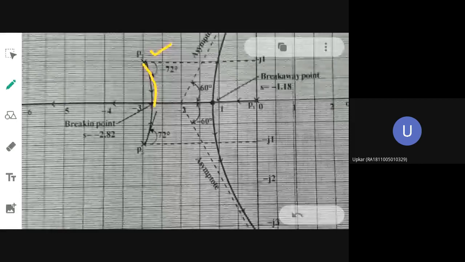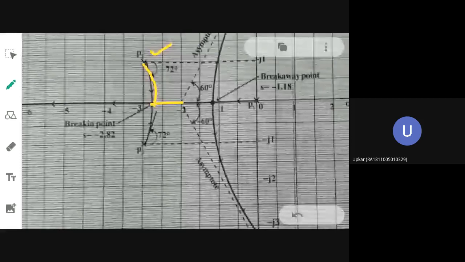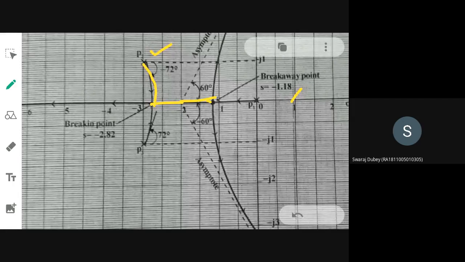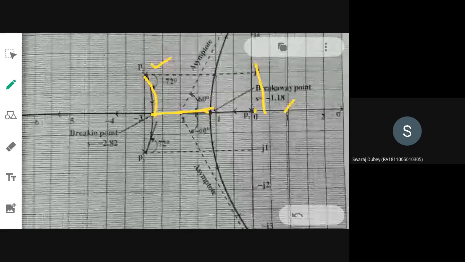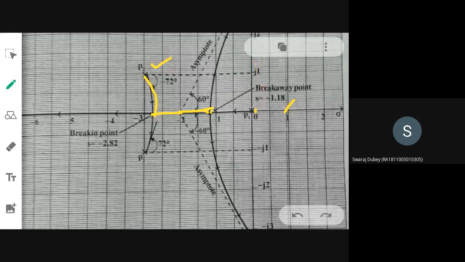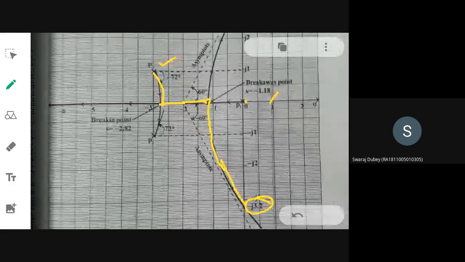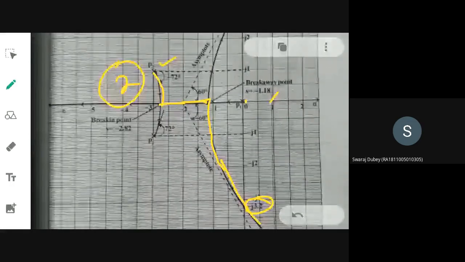Then it travels and it's breaking away at what point? Breakaway point is minus 1.18. Then you can consider this case. It travels parallel to this asymptote. And it should make a crossing where? At this j 3.2. This is branch number 2. The direction is like this.